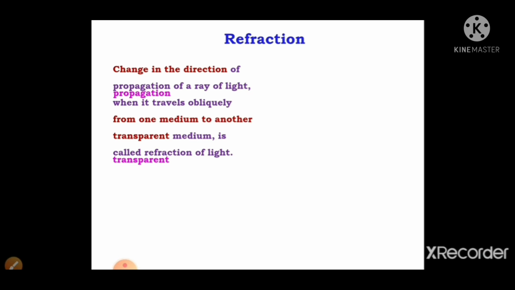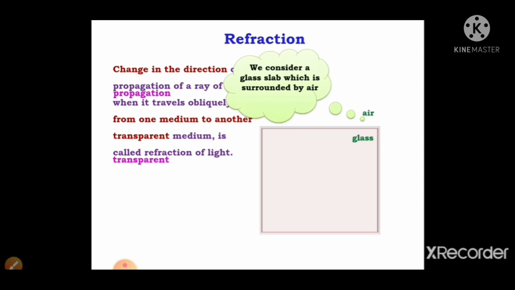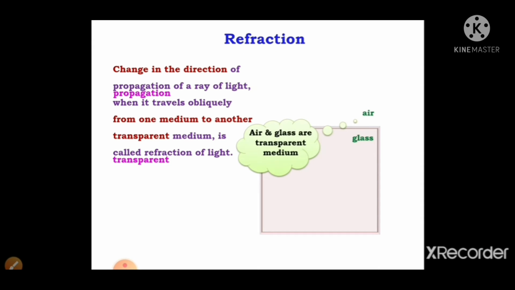If the medium is transparent, only then does refraction take place, and you require a minimum of two media. Refraction will not happen in only one medium; we require two media for refraction. Let us understand with the help of a diagram. Now this is a glass slab we will consider, and it is kept here, where you can see this is a glass, and around the glass there is air. We consider the glass slab surrounded by air. Air and glass are the transparent media.